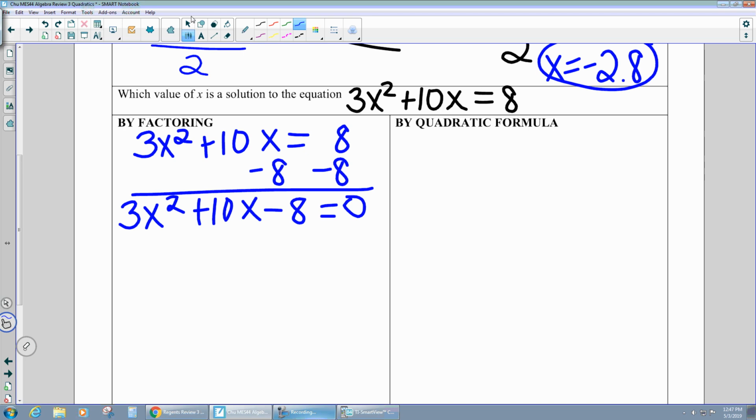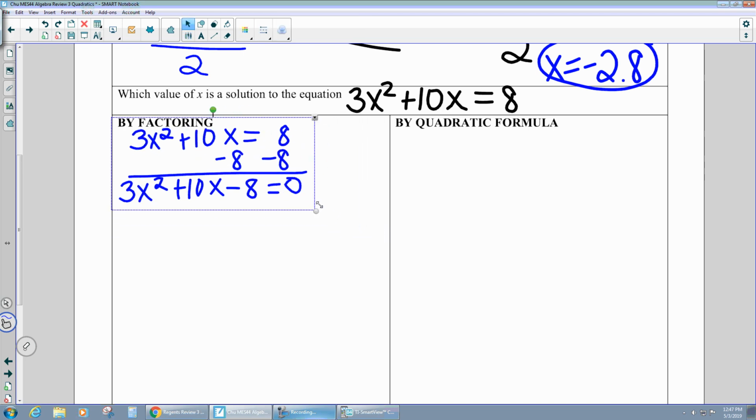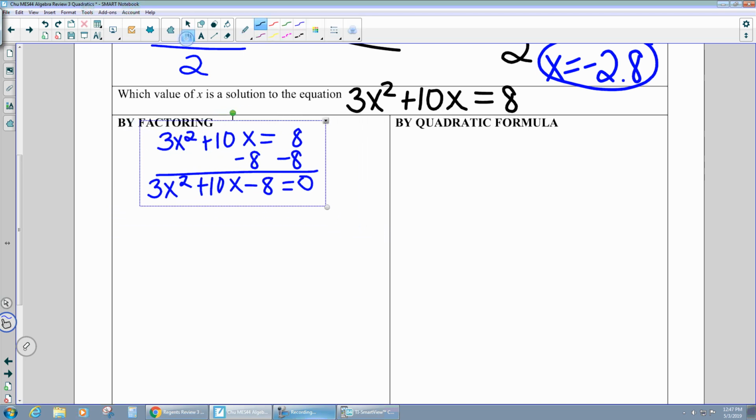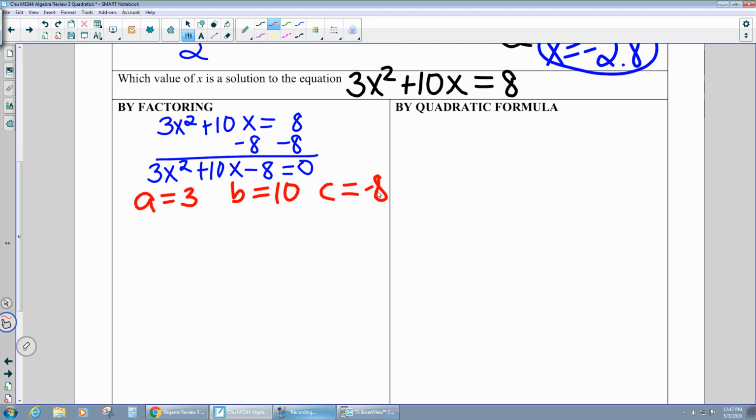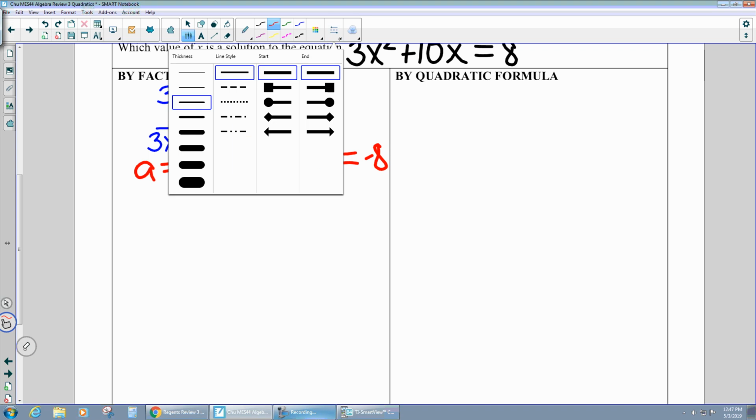So now in standard form, the next thing I can do is identify my a, b, and c values. A is equal to 3, b is equal to 10, and c is equal to negative 8. Next step is to make that list of factors for a times c.